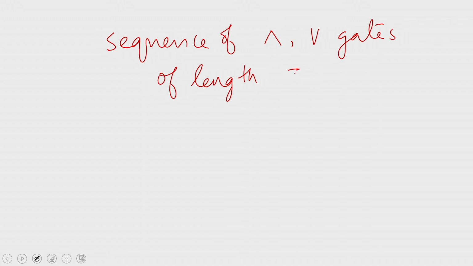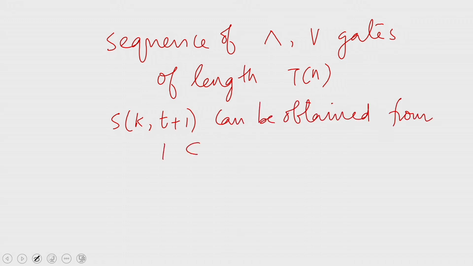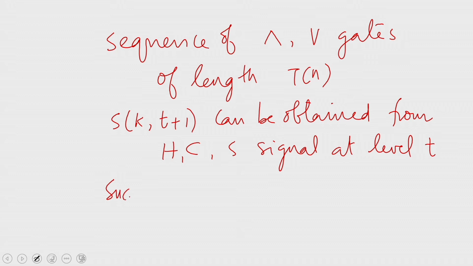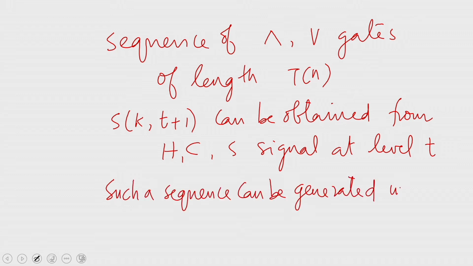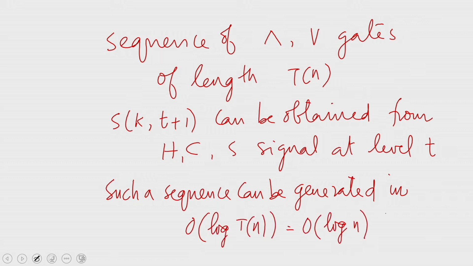But still, using a sequence of AND OR gates of length T of n, Sk t plus 1 can be obtained from H, C and S signals at level t. And such a sequence can be generated in order of log of T of n, which is order of log n time, using T squared of n processes.